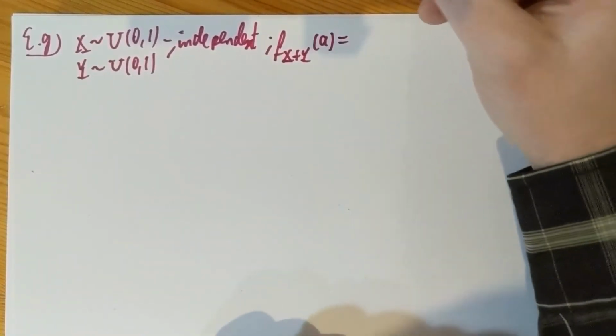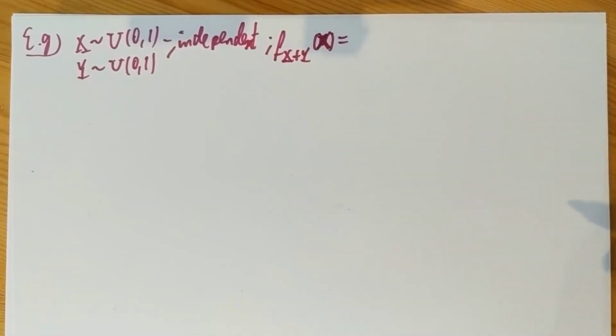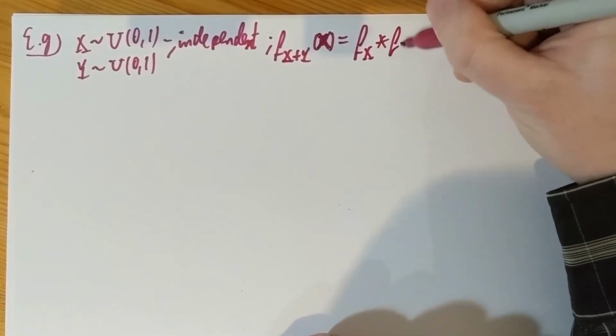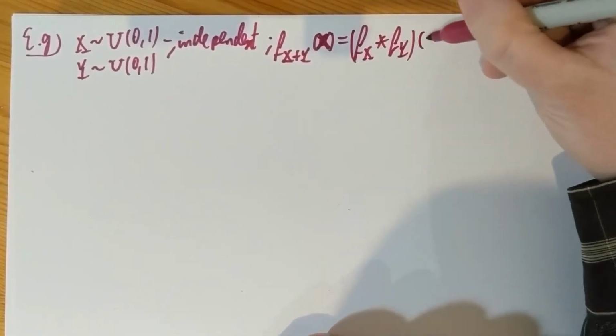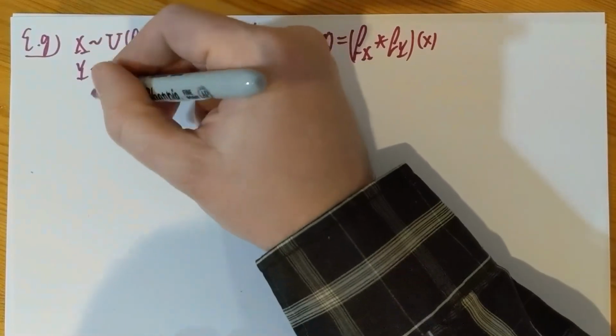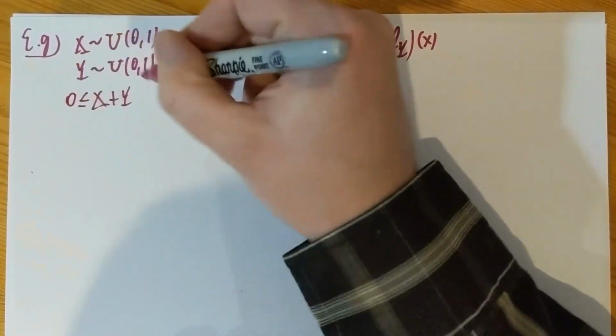Well, let's use x as before. In other words, let's find out the convolution of fx with fy at x. In other words, the density of the sum. Now, X plus Y is 2 real numbers between 0 and 1.